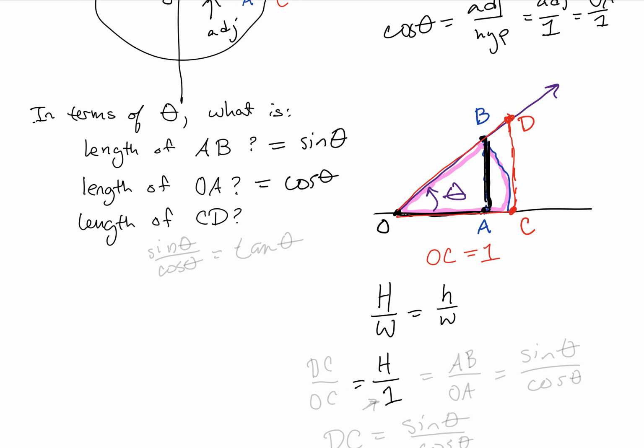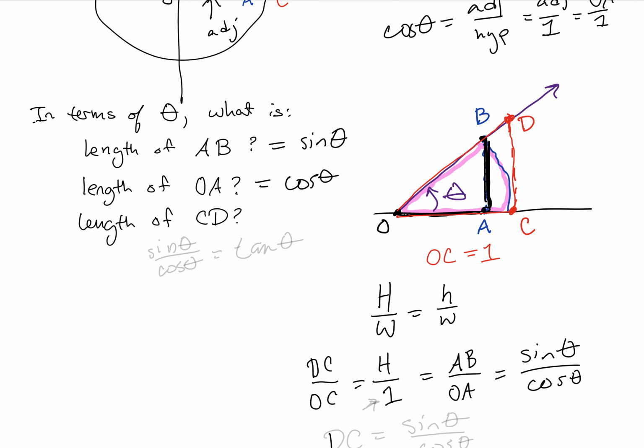So that was DC, or CD, over OC. And we know that's equal to the ratio of the height of the little triangle, AB, over the width of the little triangle, OA, and we figured out above that that's sine of theta over cosine of theta.